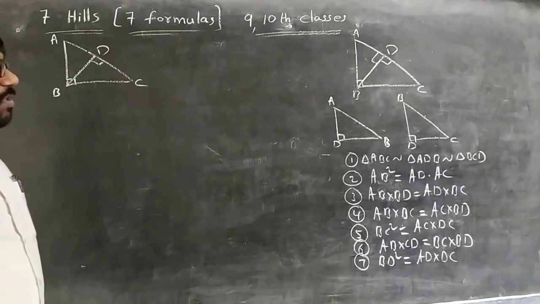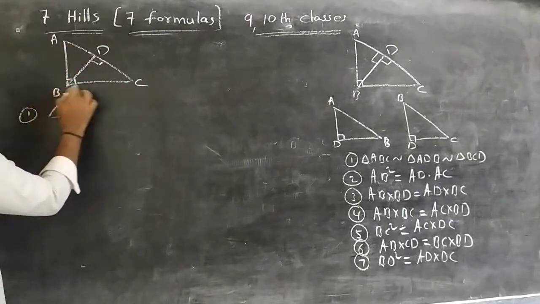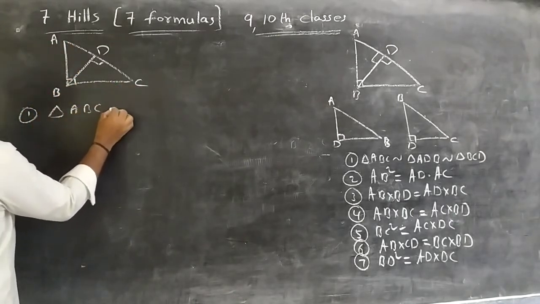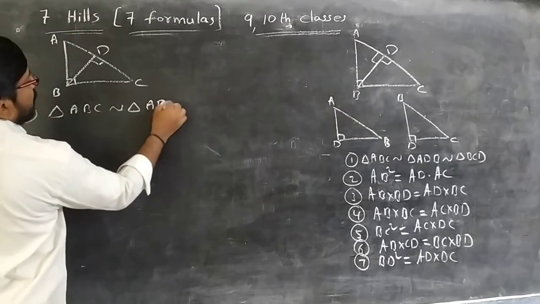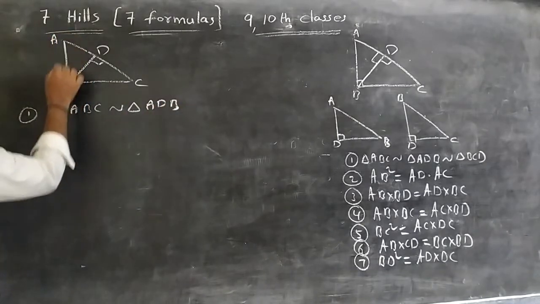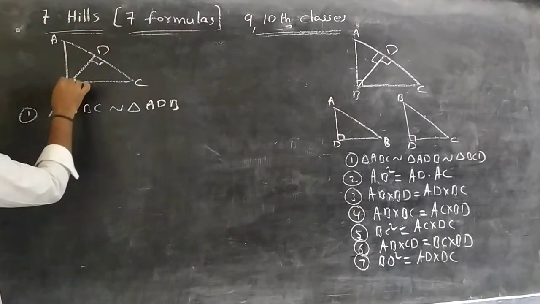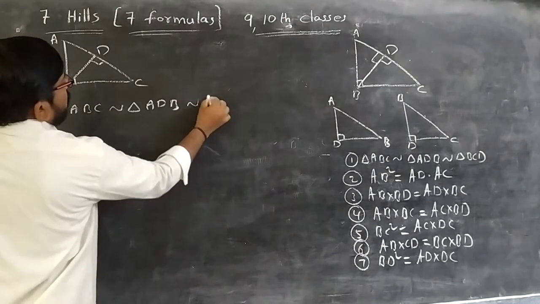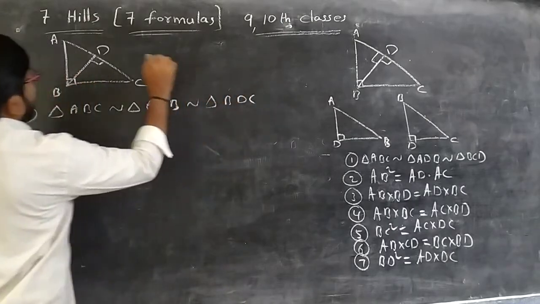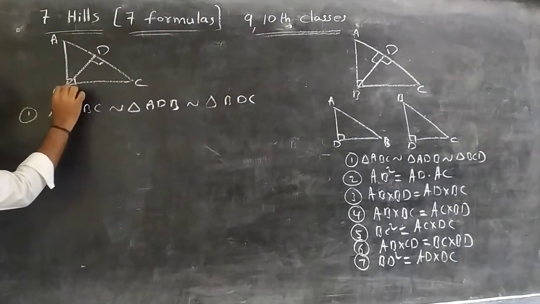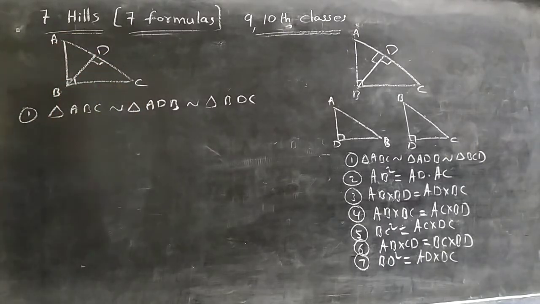Then the first one is: triangle ABC is similar to triangle ADB, which is similar to triangle BDC. The three triangles are similar to each other.